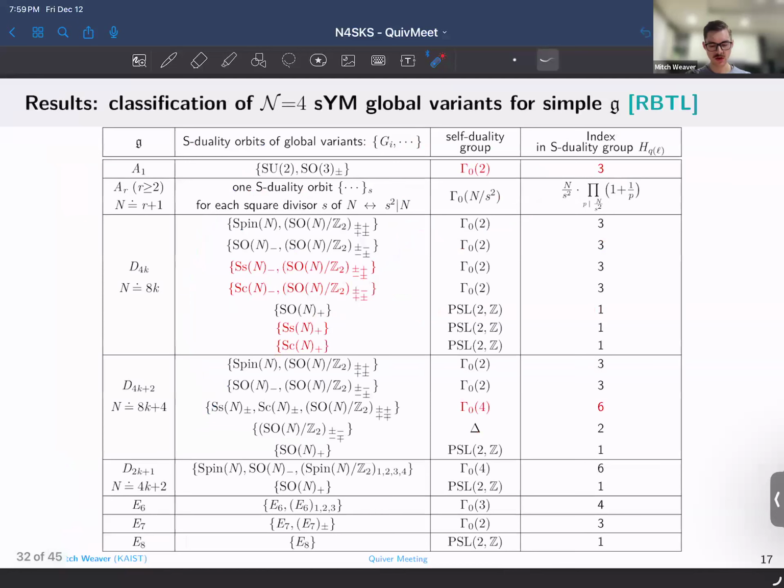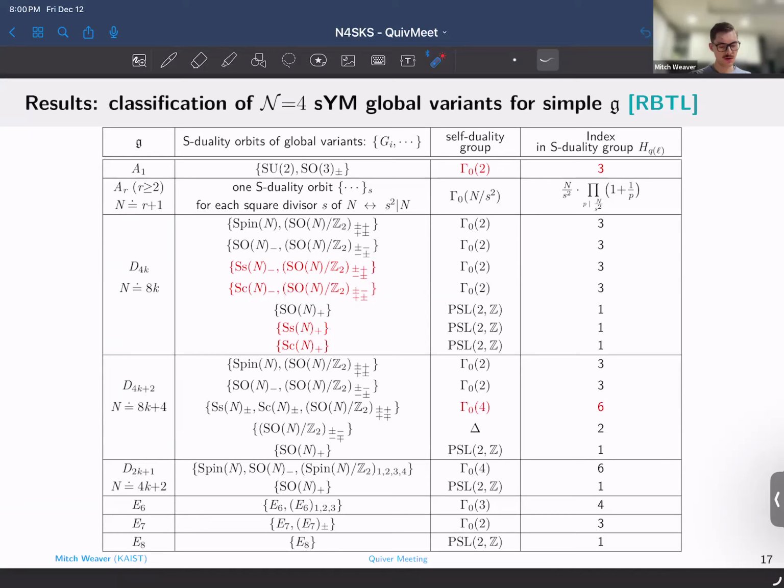So, okay, here are the results for the classification of the global variants. Again, in the second column, each row labels a global variant orbit. Anything in red identifies where the mismatch occurs relative to where all the red X's occurred in the previous tables.